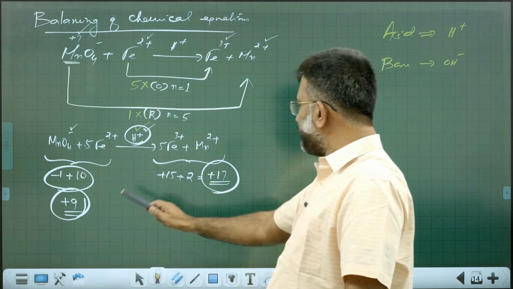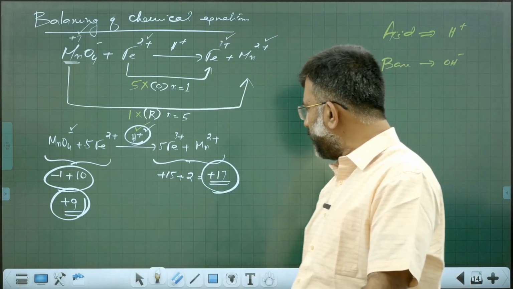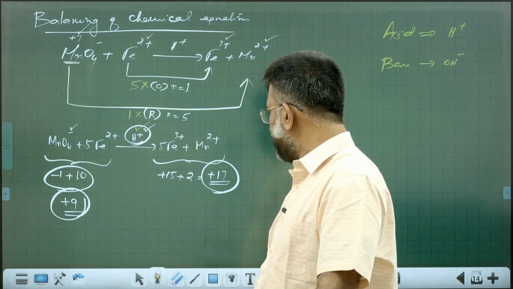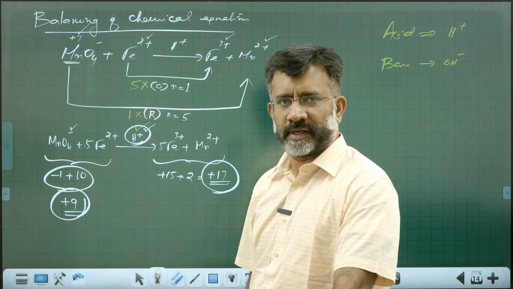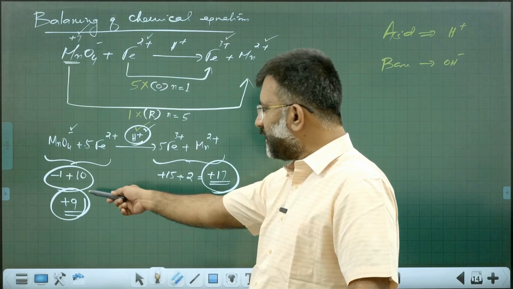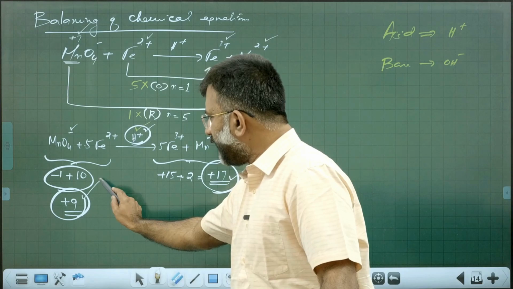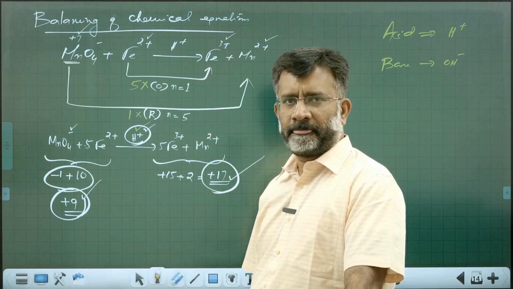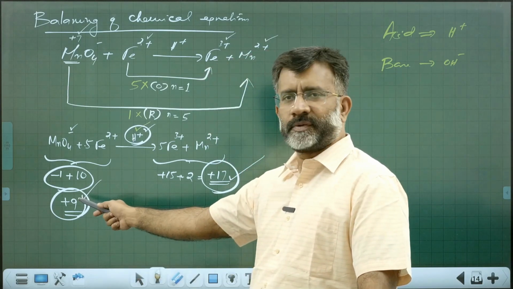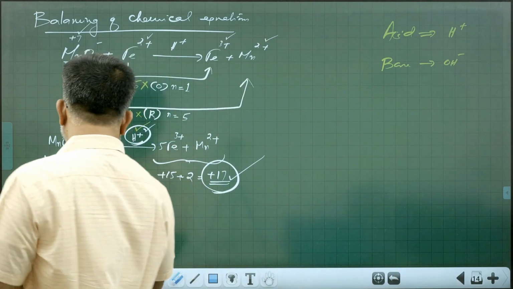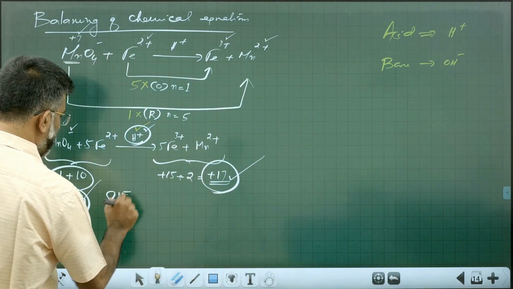That is the difference. How much difference is it? 8 positive charge. 17 positive charge here and 9 positive charge there, right? So 8 positive charge deficiency on the left hand side. So what you can do is add 8H plus on the left hand side.